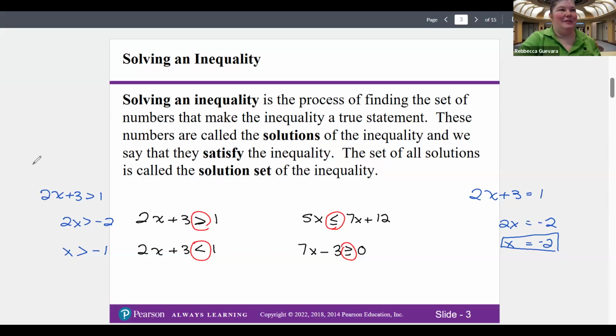Oops, there's a typo over here. If it was an equation, we would have 2x plus 3 equals 1, and the solution is that x would have to be equal to negative 1. Here, 2x plus 3 has to be greater than 1, which means x has to be anything that is greater than negative 1.